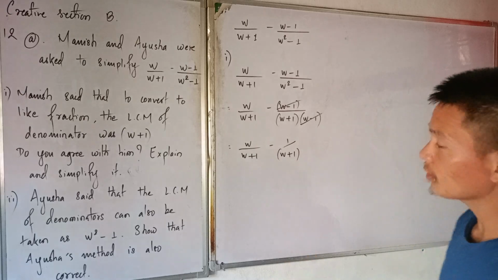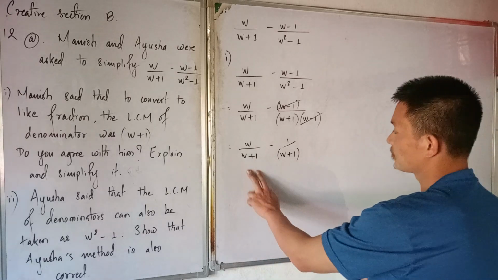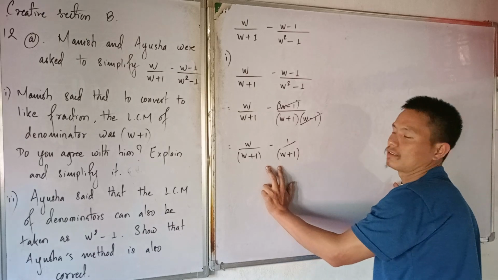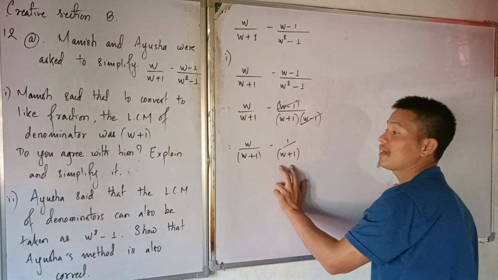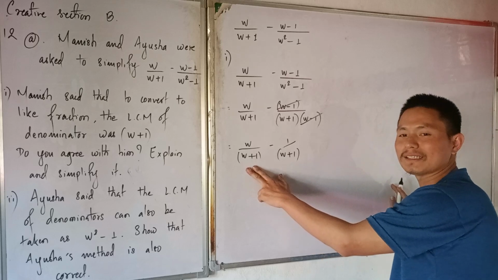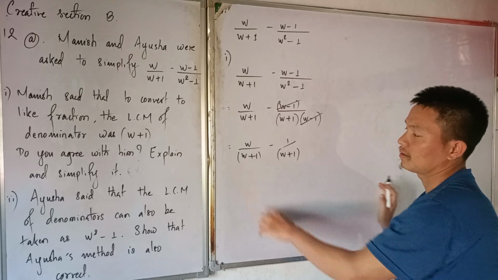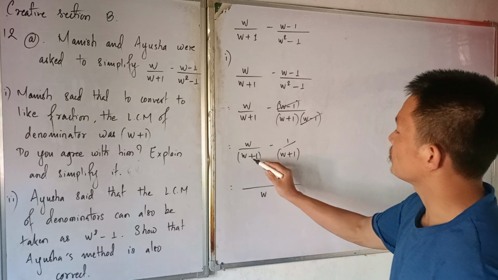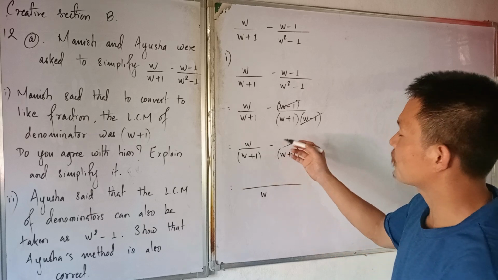So now you see here, both the expressions have become like fractions, because the denominator is the same, and since the denominator is the same, the LCM will be the same, w plus 1.